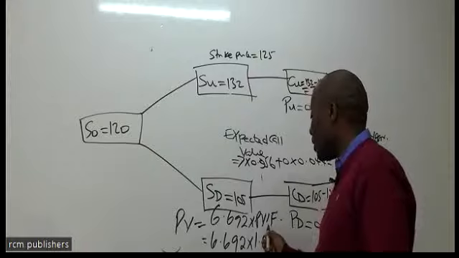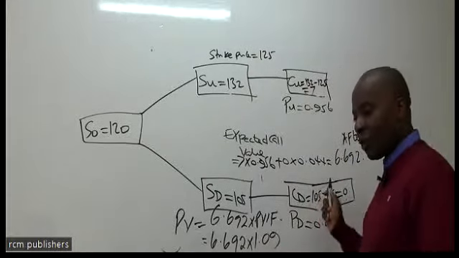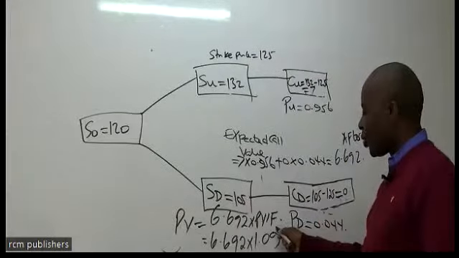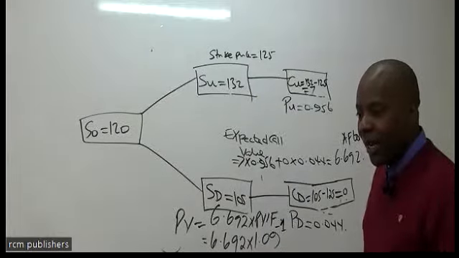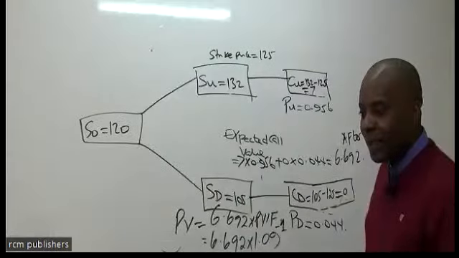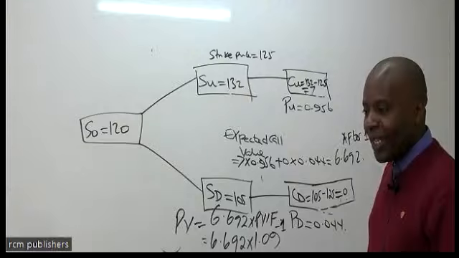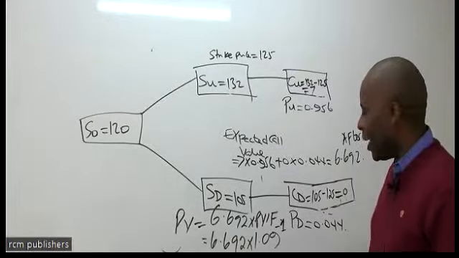Remember, when you're discounting, you're always using the risk-free rate of return raised to the end of year one. So that gives us 6.139.